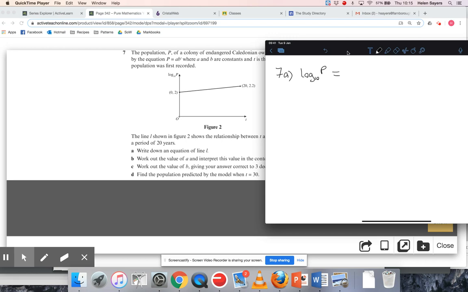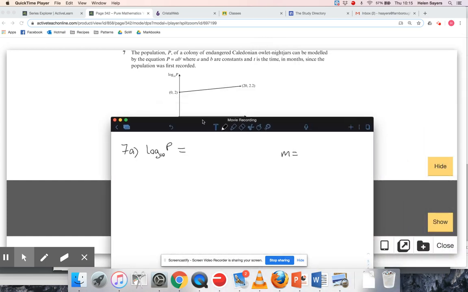Our axes aren't x and y, they're log to the base 10 of p and t. They haven't told me the gradient, but they have given me 2 points on that line. The gradient is the change in y, 2.2 minus 2, over the change in x, 20 minus 0.